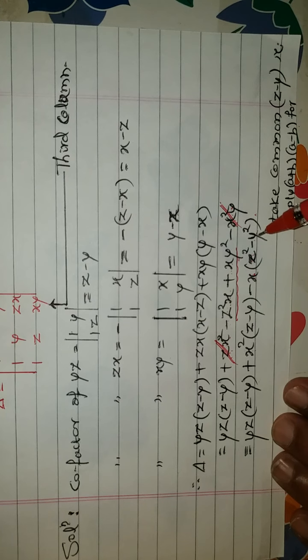One of you may ask a question, sir, here it is z square minus y square, but how do you take z minus y as a common?